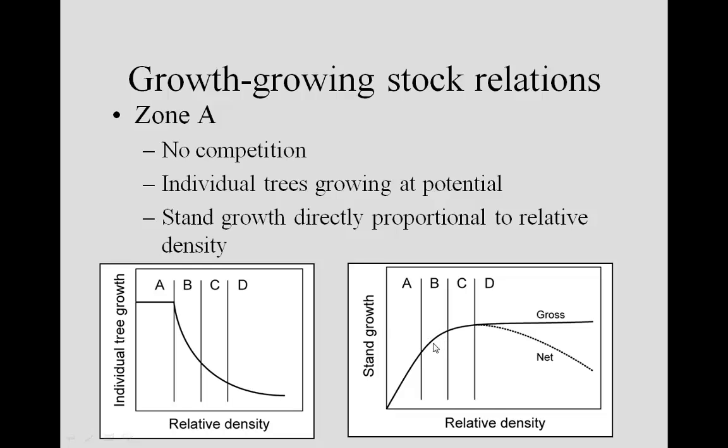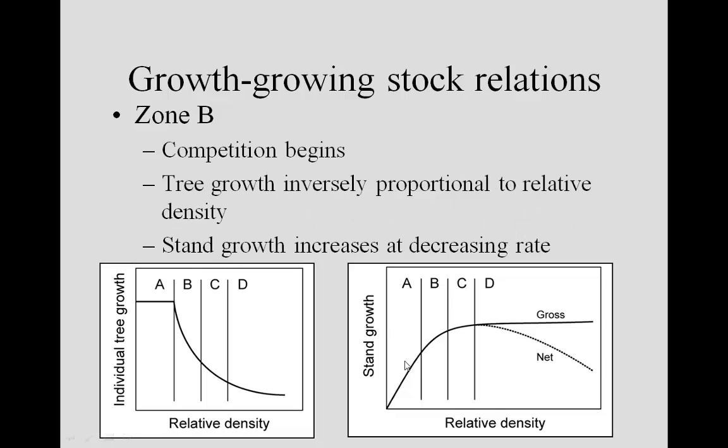Okay. Now let's continue on. Oh, excuse me. I need to back up just a little bit before we leave zone A. No competition, individual trees growing at their potential, and stand growth is directly proportional to relative density. So this linear part of it.